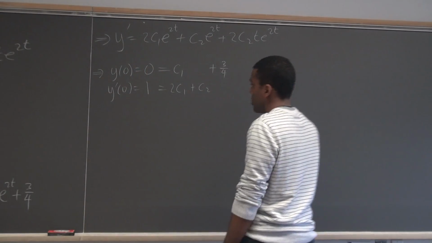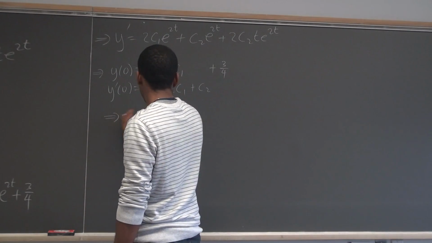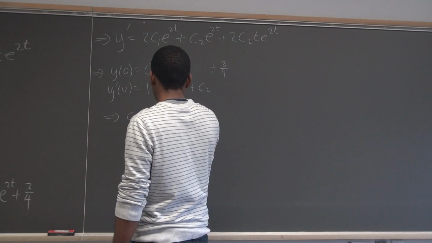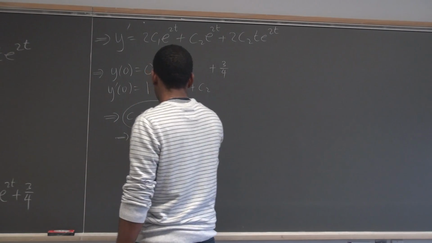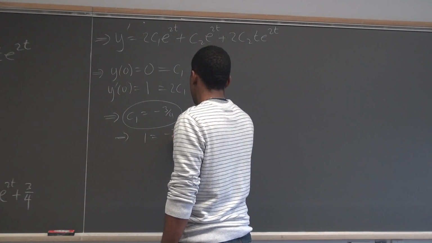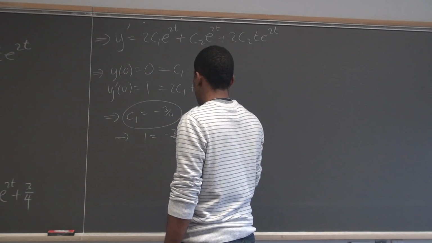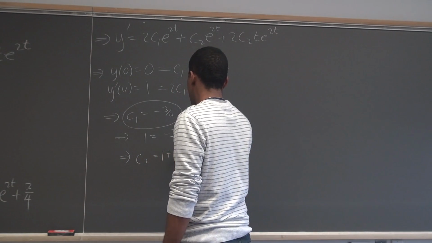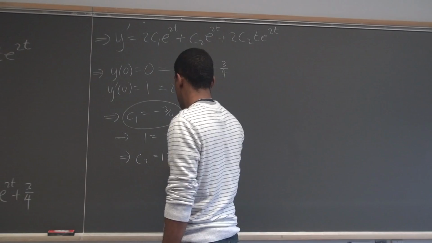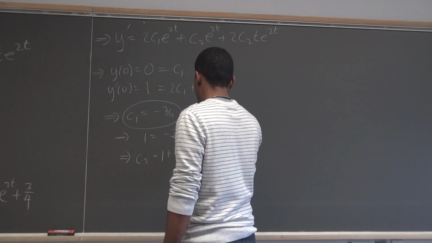That is correct. Good. So from this we know that c1 is minus 3 over 4, which implies that 1 is equal to minus 3 over 2 plus c2, which means c2 is equal to 1 plus 3 over 2, which is 5 over 2.